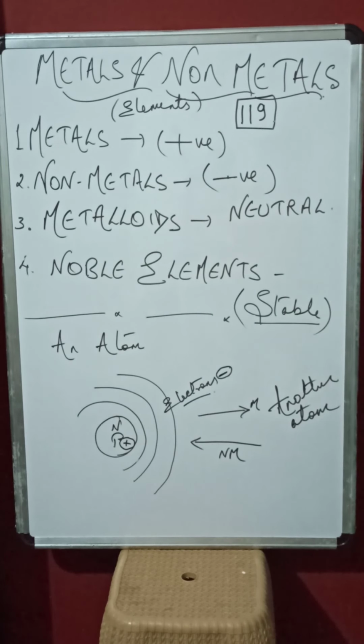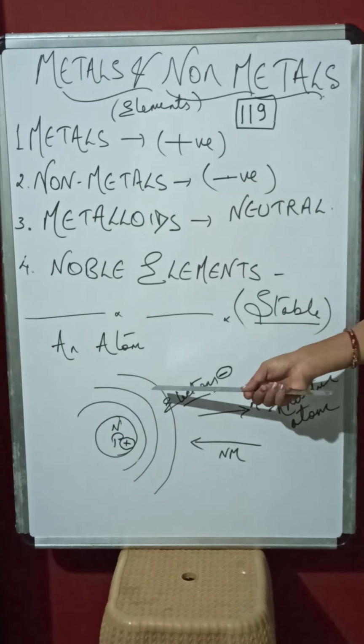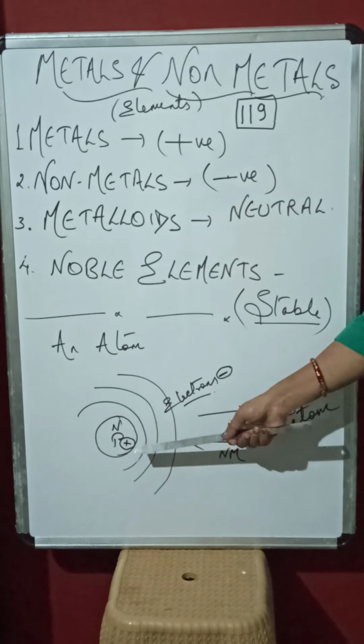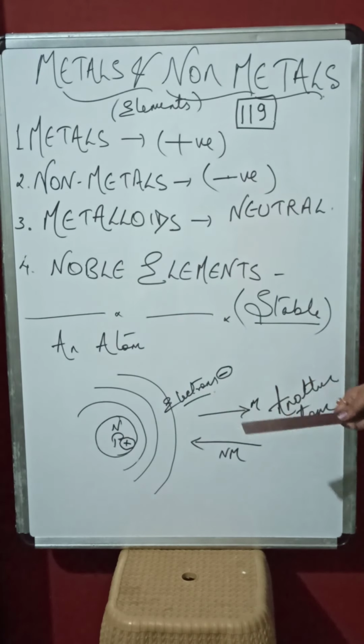What are metals? To understand the clear definition of these, firstly we have to go back to our atomic structure we have studied last year. What is an atom? An atom is the smallest particle of any element which contains 3 particles, and these 3 particles are neutrons, protons and electrons.